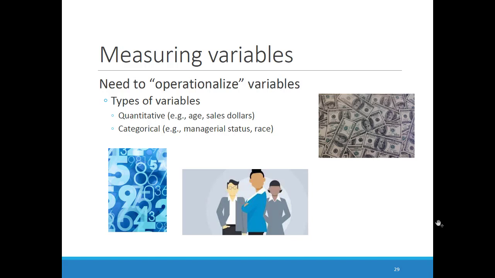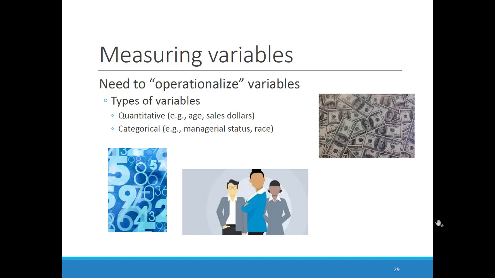So if I wanted to collect information on a number of different people and ask whether they are a manager or not, then I would have a managerial status variable. And think about what that would look like. So if I had a spreadsheet open, I might type in participant 1, 2, 3, 4, 5, and so on. And then for each participant, I could assign a number. I could say 0 is not a manager and 1 is a manager.